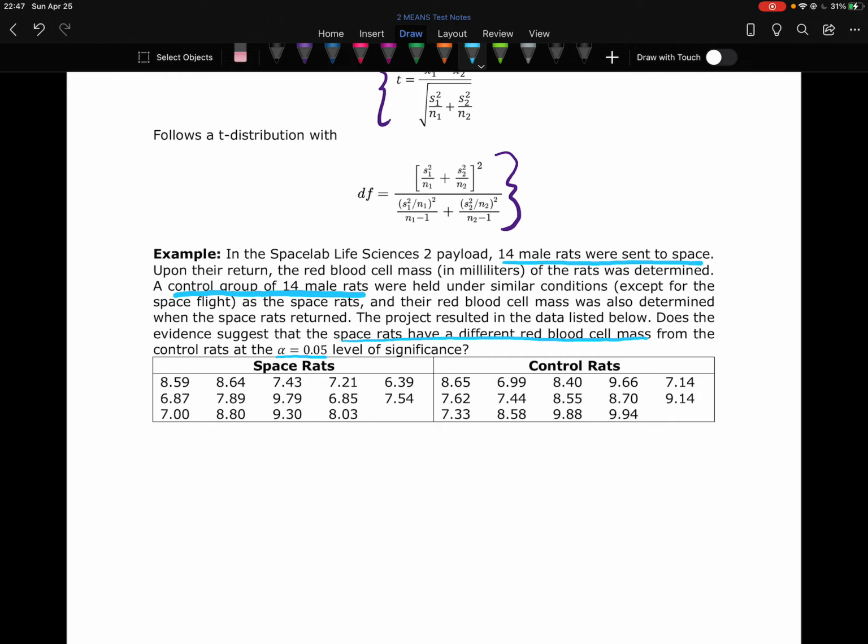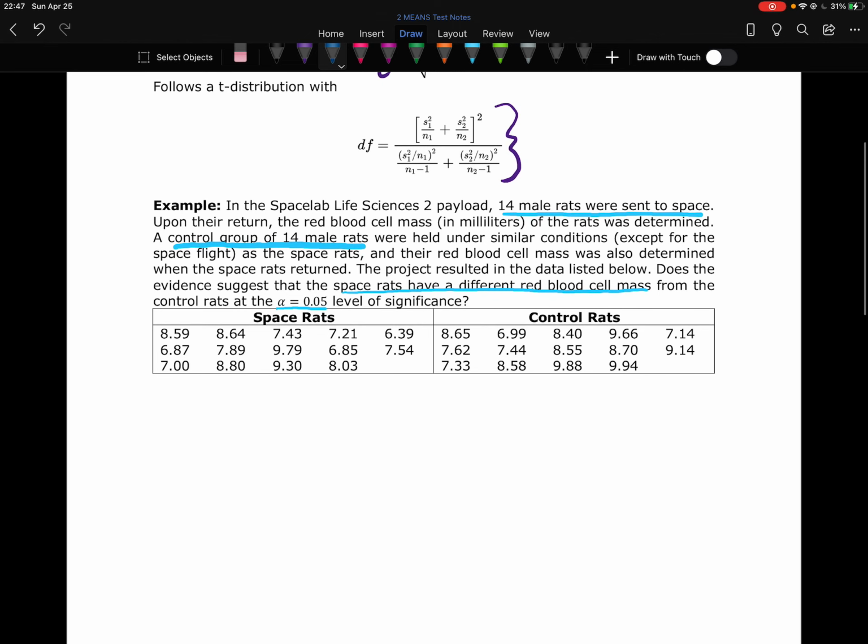So this is another example where we have been presented with raw data instead of given the mean and standard deviation. So what you should do is go ahead and use your summary statistics to find the sample mean for the space rats. If you do that, you would find that it is 7.8807.